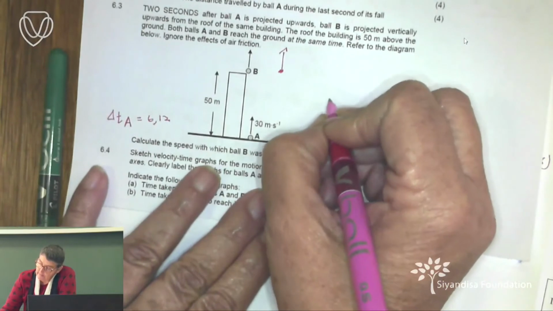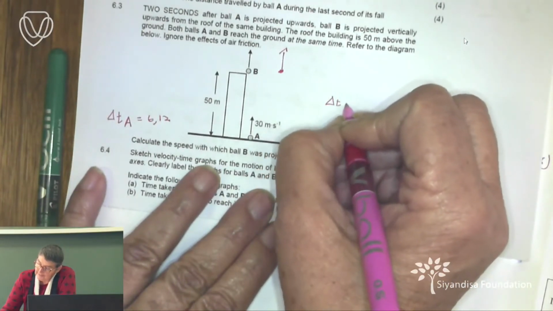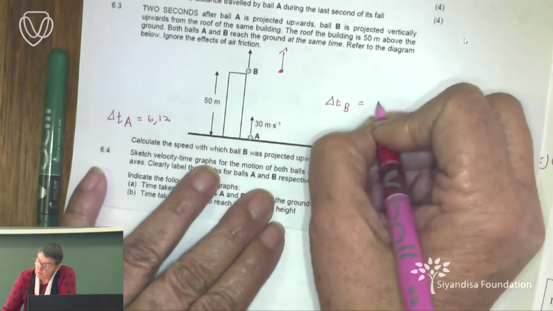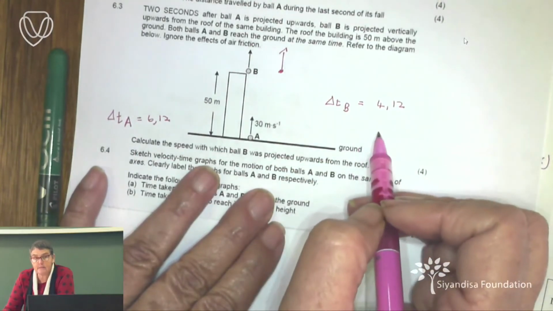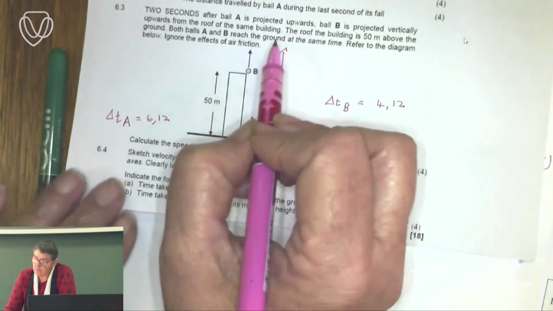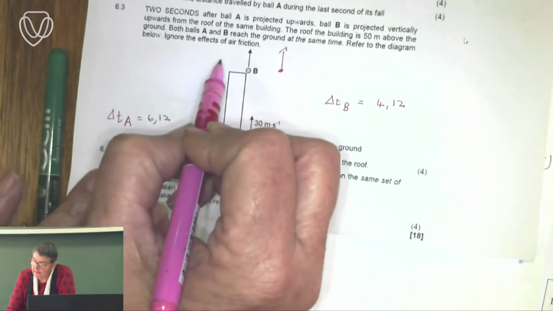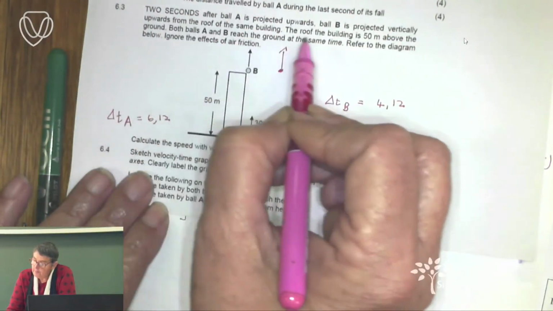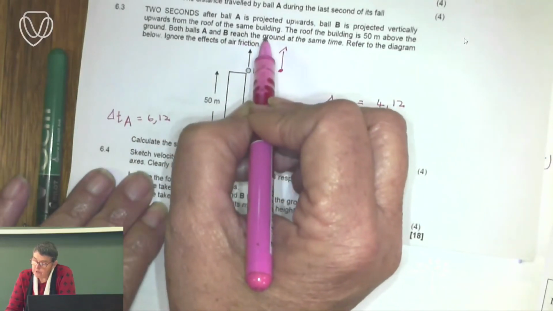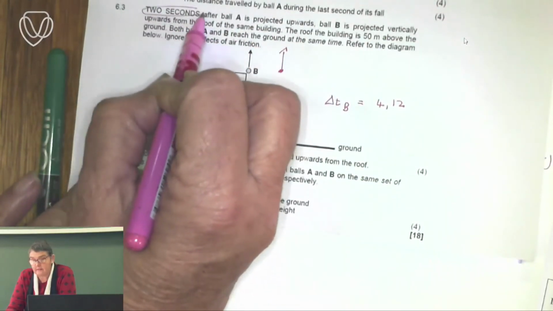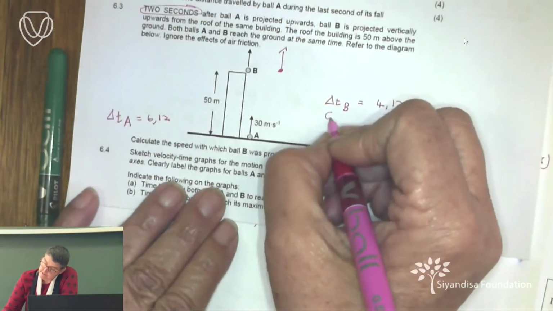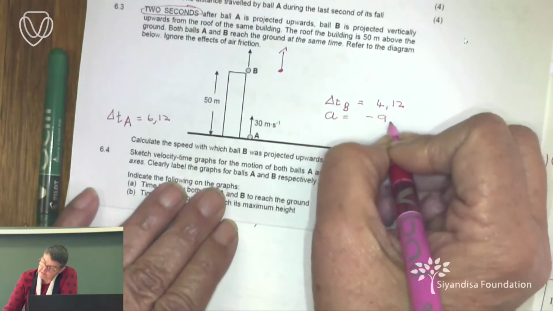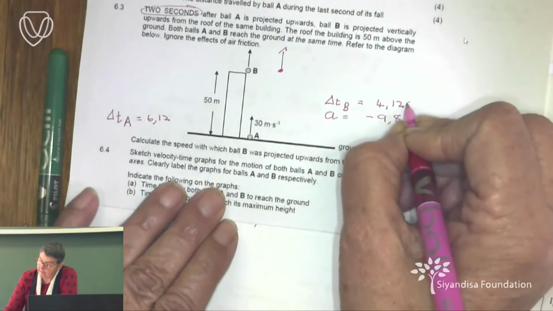Therefore, your time for ball B will be equal to 4.12. Make sure you understand that. Why? Because it was projected vertically upward 2 seconds later. So they've given you time here. You also have acceleration here, which we've already established. We're going to use negative.